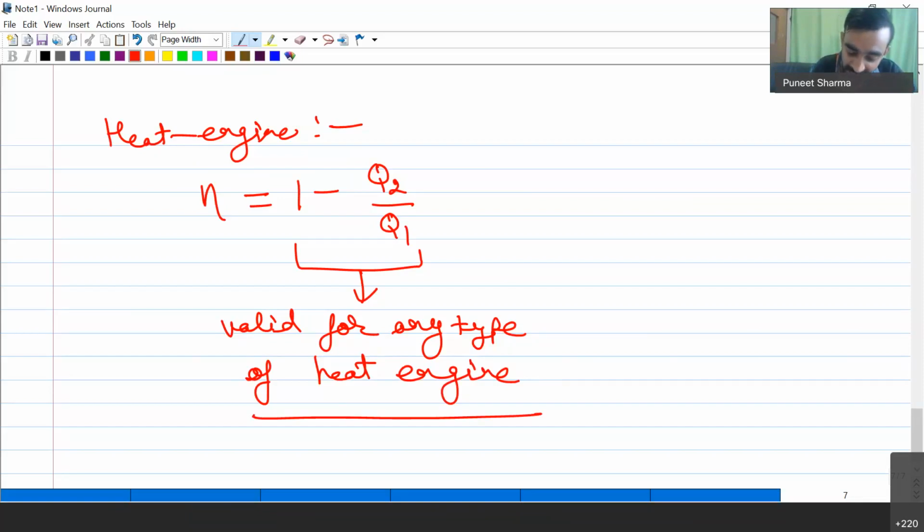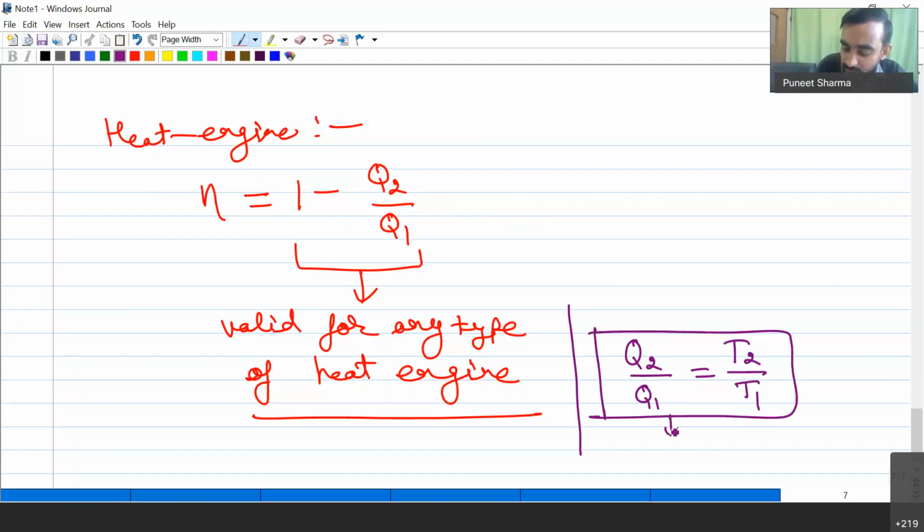As per the absolute thermodynamic temperature scale, Q2 by Q1 is equal to T2 divided by T1. But this is derived when we have considered our fundamental basis as the Carnot cycle, and the Carnot cycle has all the processes as reversible processes.